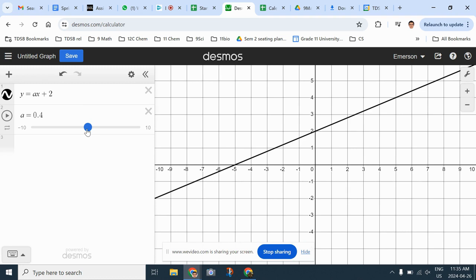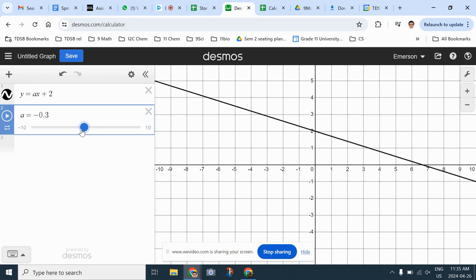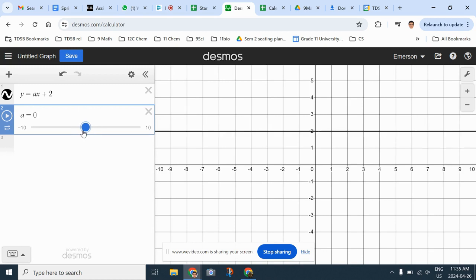What happened if the steepness is smaller but stays positive? How does it rotate? Now, if a is 0, what would the line look like? Oops. So if a is 0, how does the line look? How do you describe that?